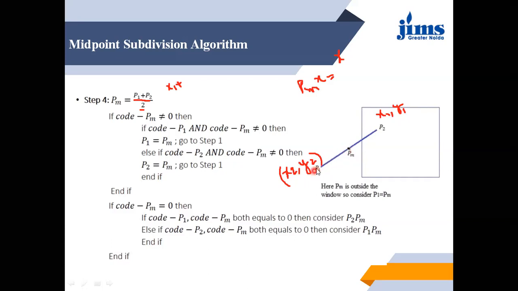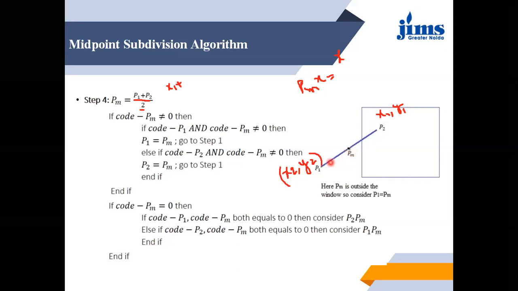In the same way, we have to find the region code of PM as we calculated it for P1 and P2, and then repeat the same algorithm for P1 PM and PM P2.